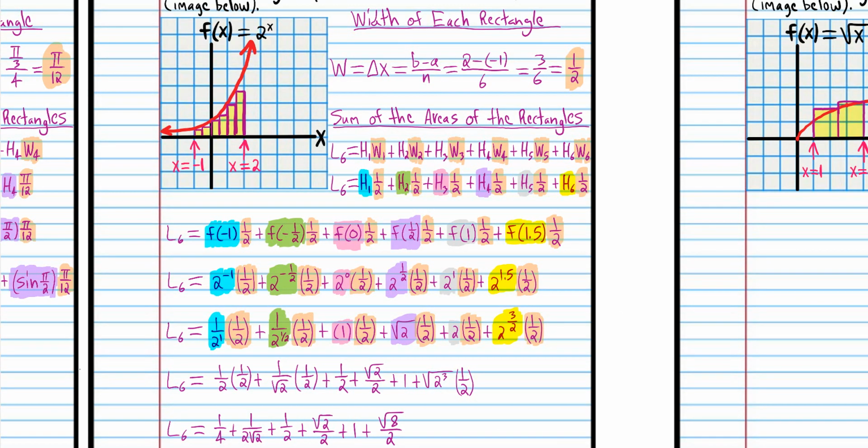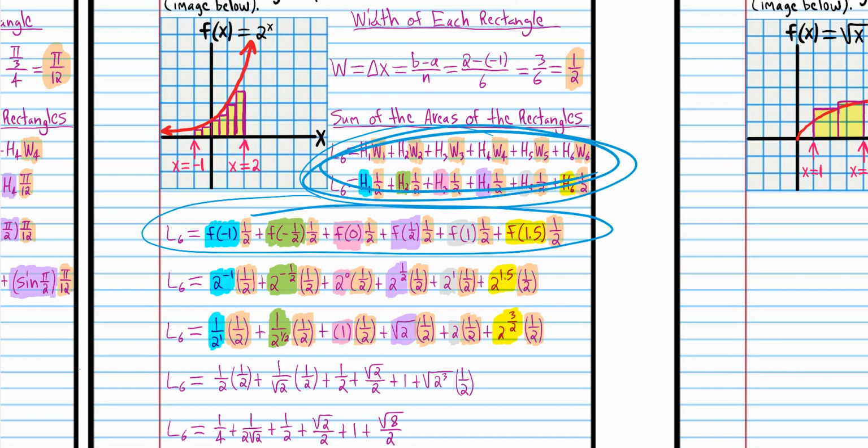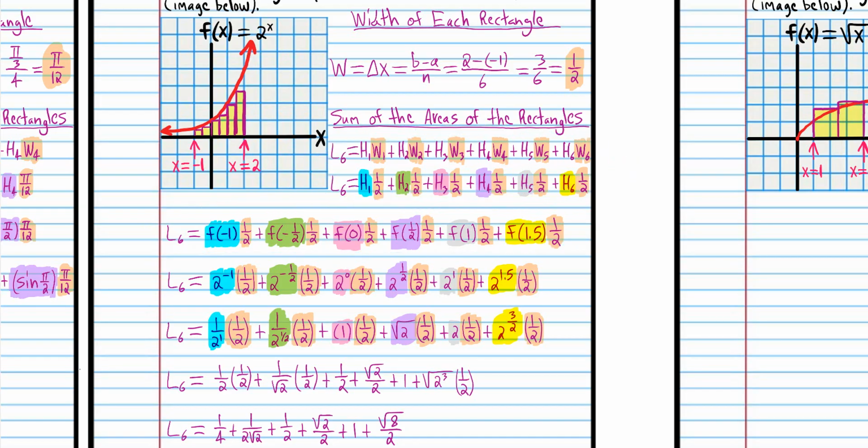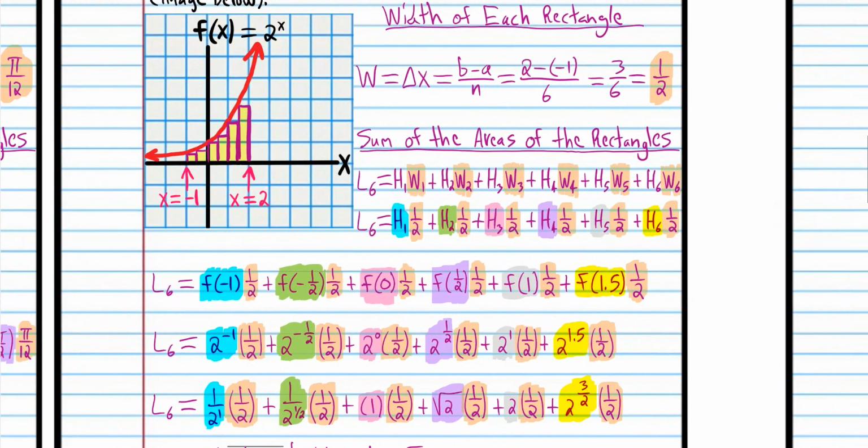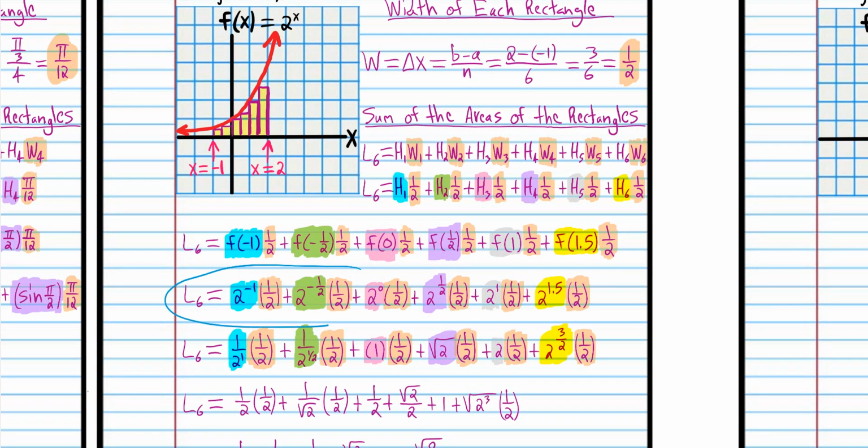And I want to make it clear that you don't have to write any of this, and you don't have to write this step here. Don't worry about that. All you have to do is understand how to find the heights, and just start at this step here.